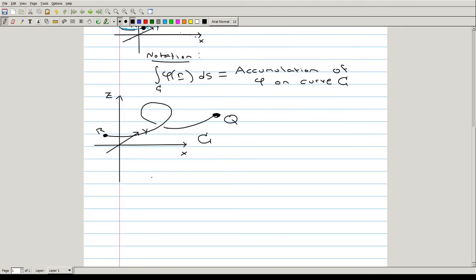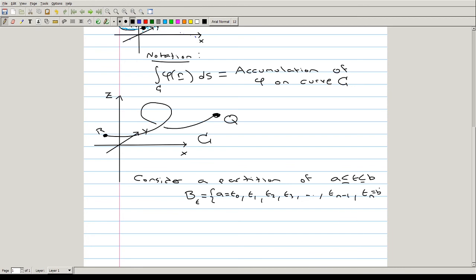So we consider a partition of the interval from a to b, where this partition we can write a number of different ways, but we'll just call it P. We start at a, which we call t0, to t1, t2, t3, and so on and so forth, all the way up to t_{n-1}, t_n, which is equal to b, the end point of this interval.